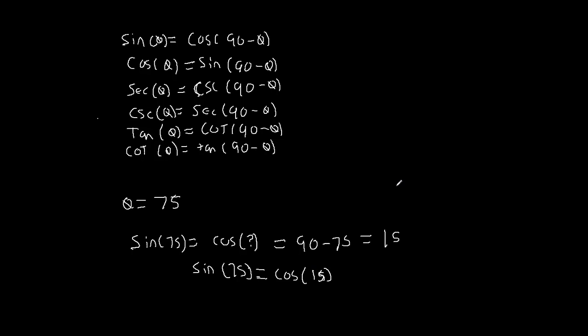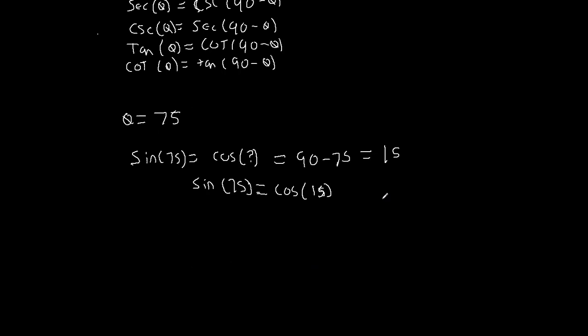And let's go through another example. Let's say we have the secant of 30 is equal to the cosecant of what angle? Well, again, the cosecant angle is going to be 90 minus the angle.